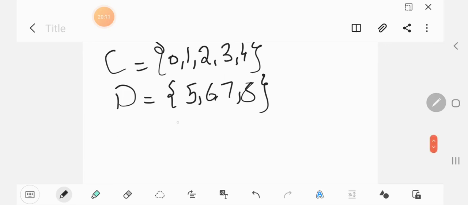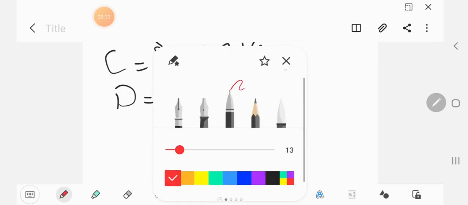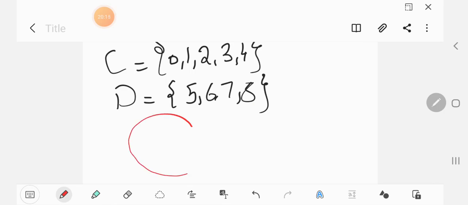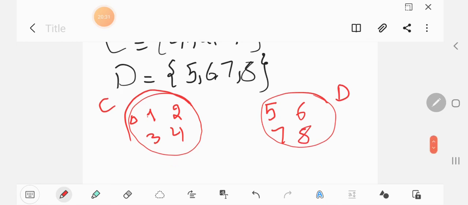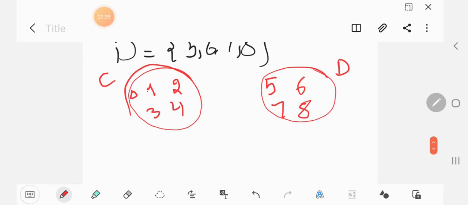No. So it will be two disjoint circles. Here we have set D and here we have set C. And write all the numbers inside: 0, 1, 2, 3, and 4, and here we have 5, 6, 7, and 8. It's disjoint.